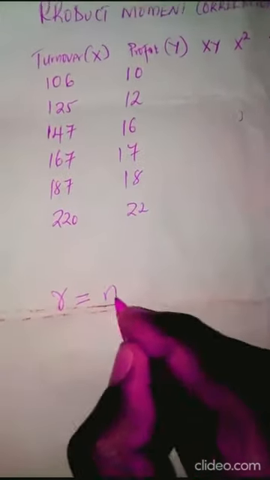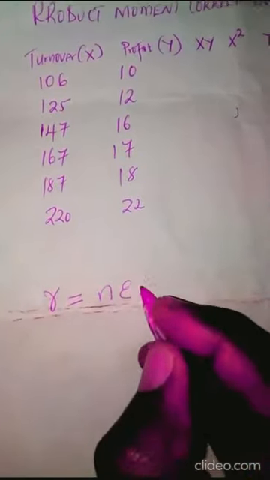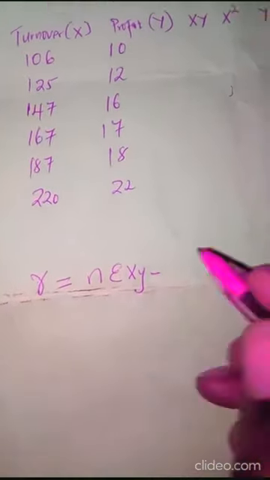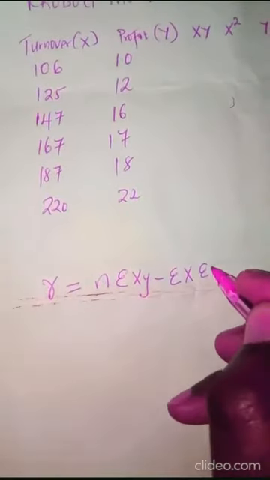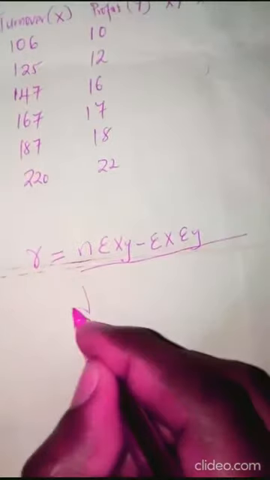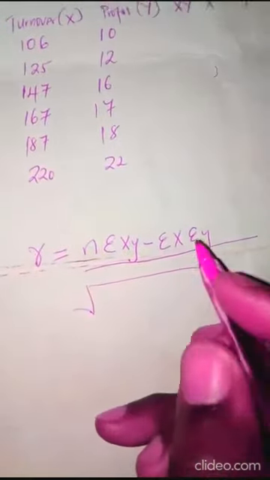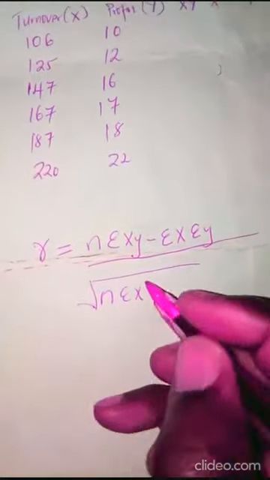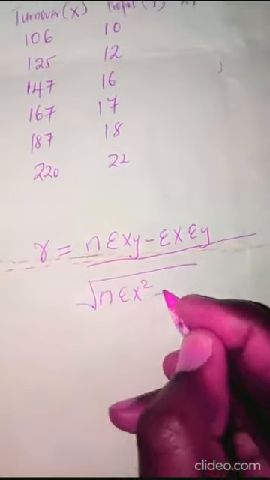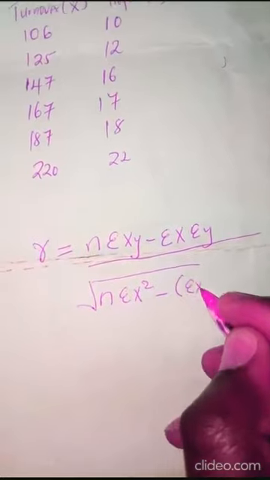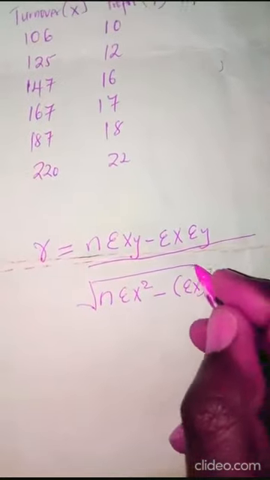Then you have n summation of xy minus summation of x, summation of y, all over the square root of n summation of x squared minus, open a bracket, summation of x, close a bracket, squared.